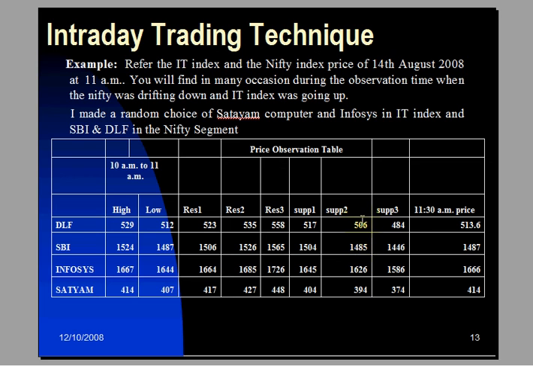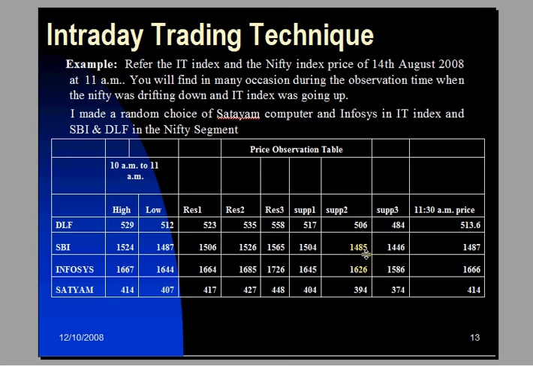In both cases, just compare. SBI is trading at 1487, 2 rupees above its second support. DLF is trading at 513.6, which is almost 7 rupees above its second support. Hence, in a layman's terms, I can say DLF is stronger compared to SBI.